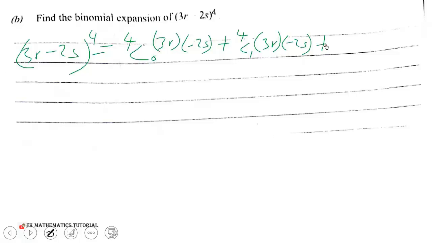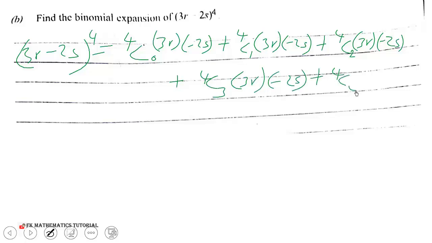Then the next one is 4 combination 2, 3r, then we have negative 2s. Then the continuation, 4 combination 3, 3r, then negative 2s. Then we have 4 combination 4, then you're going to get 3r, then negative 2s. So the first term will decrease from 4 to 0.